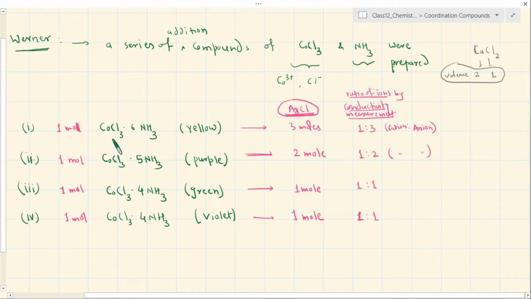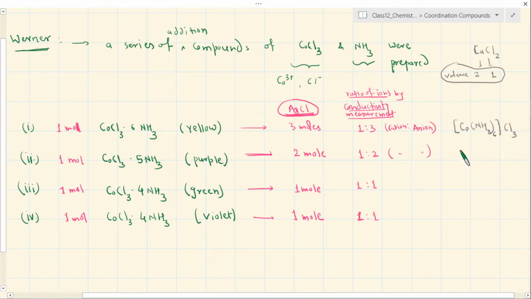So if I want to represent in actual form in what form this compound may be existing, so that I can explain all these aspects, and also considering Werner's proposal of another valence, the compound's formula can best be represented as [Co(NH3)6]Cl3. That means [Co(NH3)6] is one entity by itself, and then Cl3. This is one molecular formula.